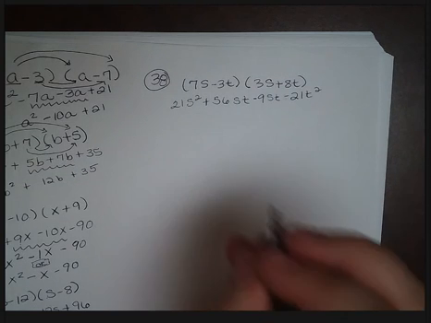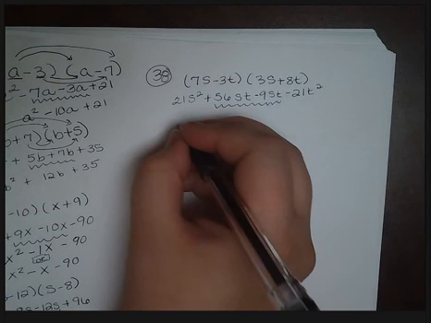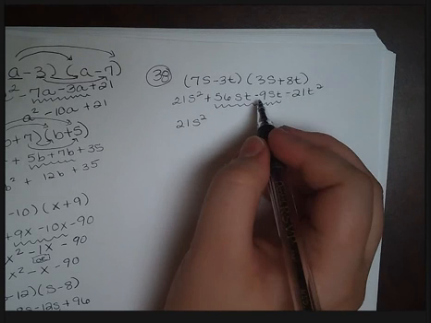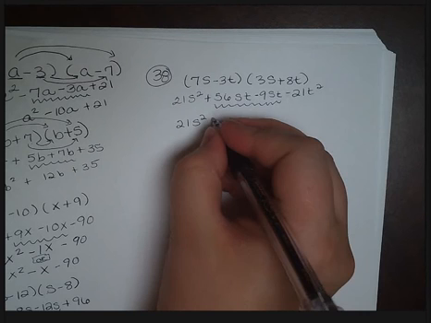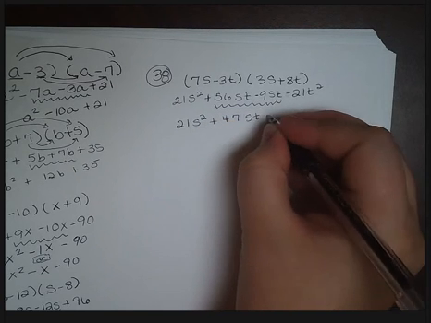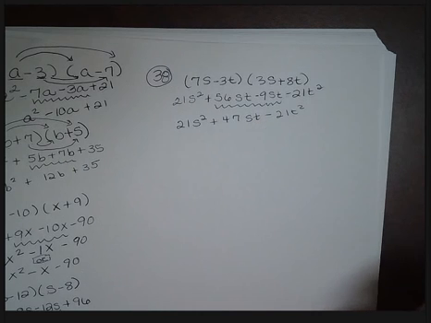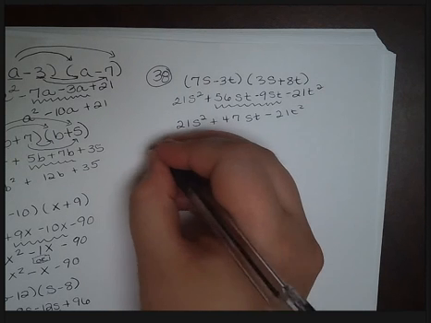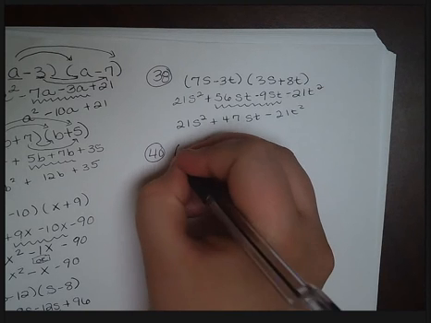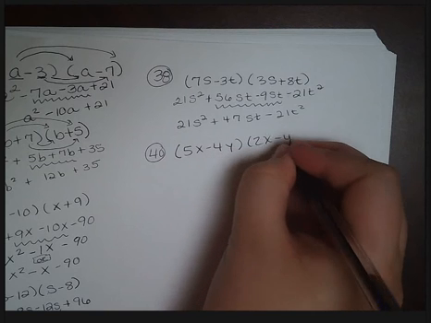Now we're going to combine our like terms. We have 21s squared, and then 56 minus 9 is going to be a 47st. Bring down your minus 21t squared. Now let's look at number 40. On number 40, we have 5x minus 4y times 2x minus y.